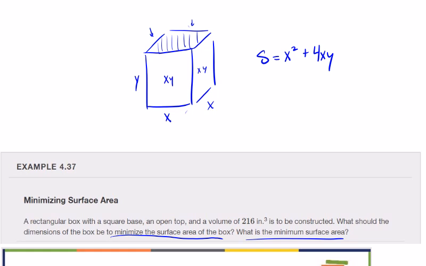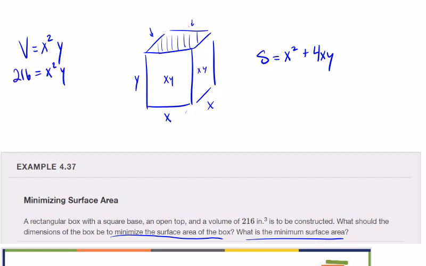Now we want to try to get this in terms of one variable. So let's use the value that they give us here. They're telling us the volume is 216, and the volume is length times width times height, so x times x times y. So this would be x squared y, and that's going to equal 216.